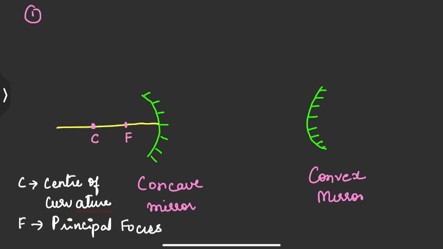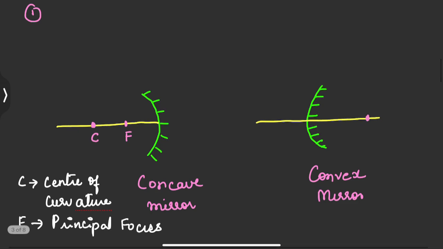Now let us draw the same thing for the convex mirror. For the convex mirror, you have to write the focus and the center of curvature behind the mirror. So here this will be the center of curvature and this will be the principal focus. Is that clear?